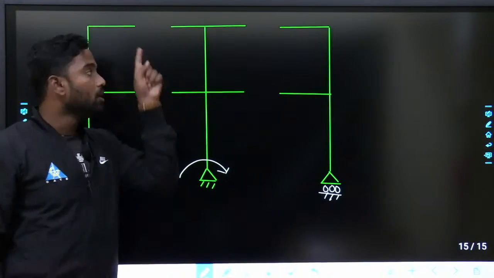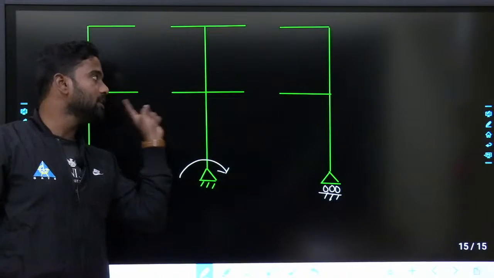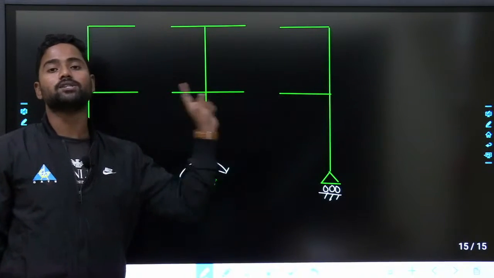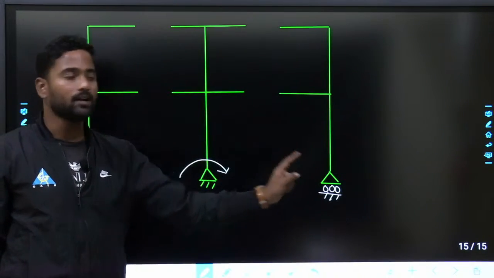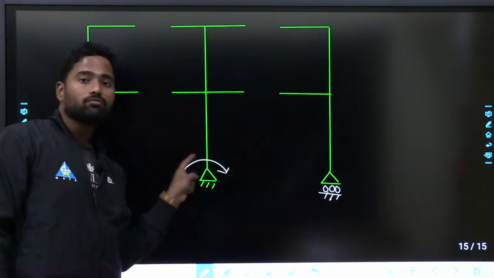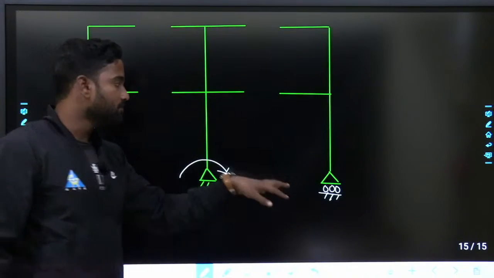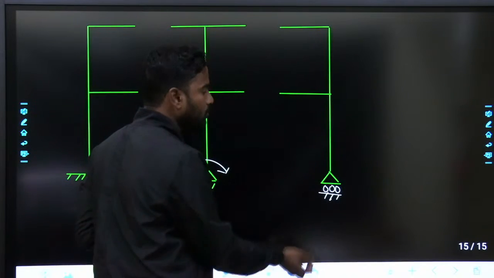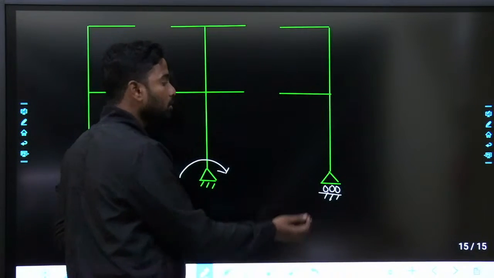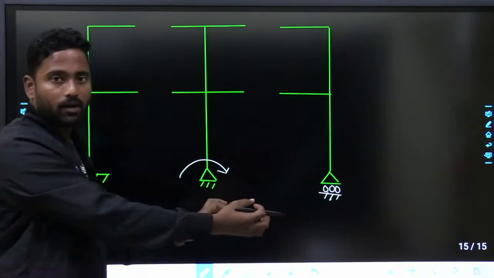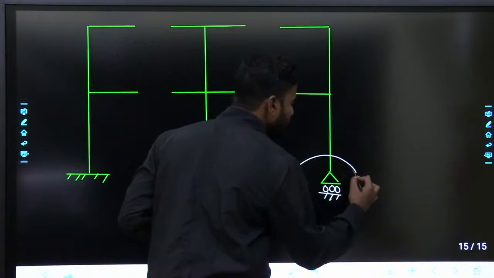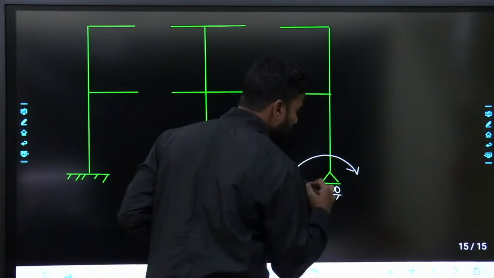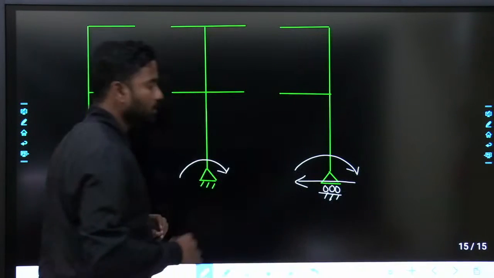The idea is to cut the structure so that each and every part will behave like a stable cantilever. So you have to add a moment here. The same way, if I see this, it can rotate like this, it can move like this, it can't move like this one only. So in order to make this support a fixed one, I have to add a rotation and I have to add a horizontal reaction.